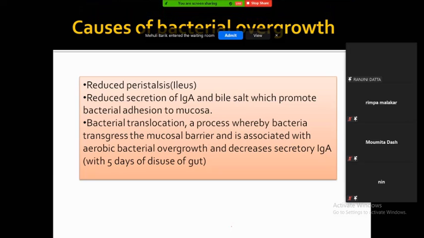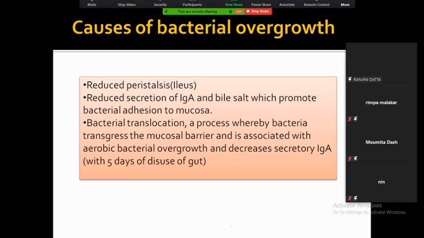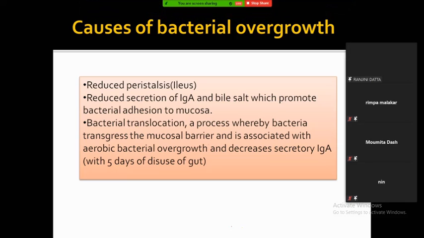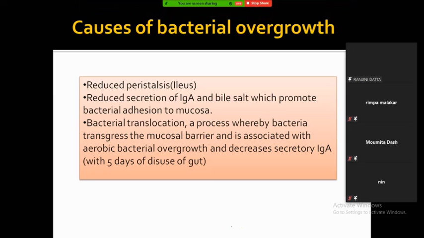Of course, one may argue that if there is injury to certain parts of the GI tract, then there will be a requirement of stopping the peristalsis. But normally with a critical care patient who does not have any GI injury, there should not be a reduction of peristalsis. Alongside, there will be a reduced secretion of the immunoglobulins.